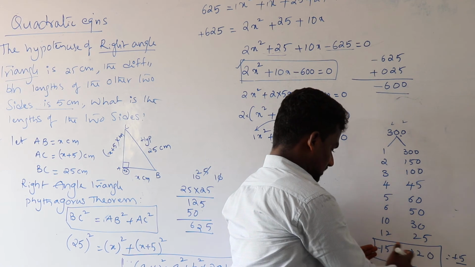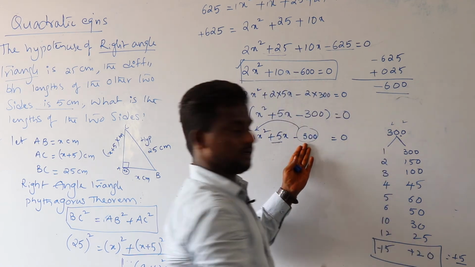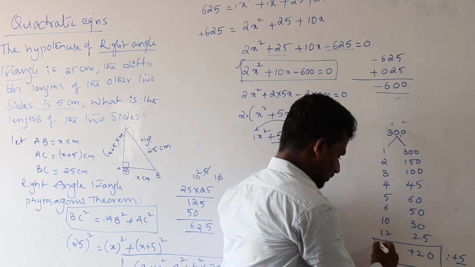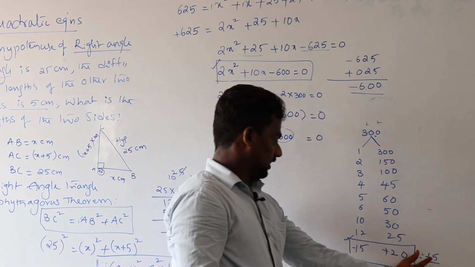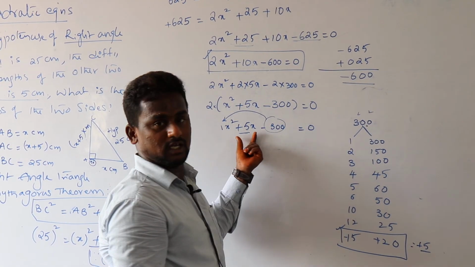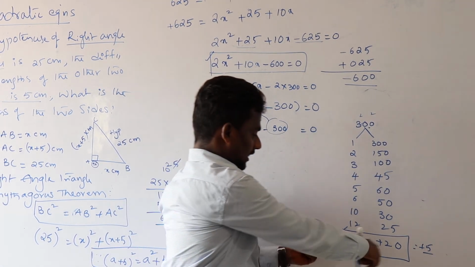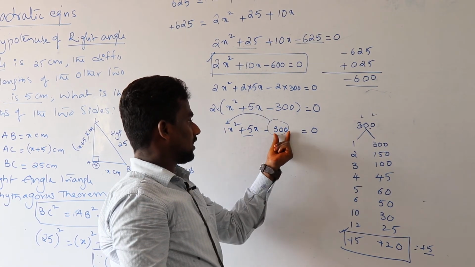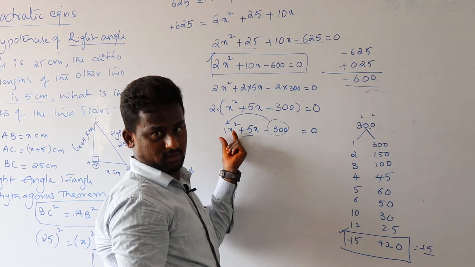After multiplication, 15 into 20 is 300, it is matching. So we have to take the pair whose addition equals the middle term, and whose multiplication equals the constant times the x square coefficient.